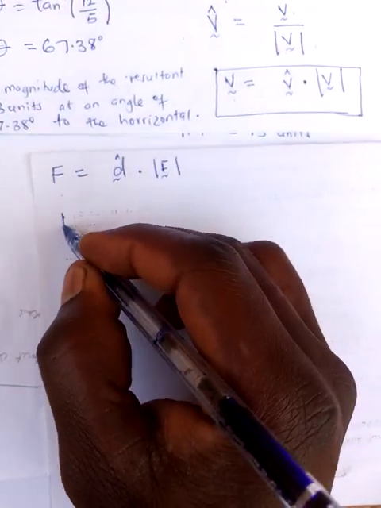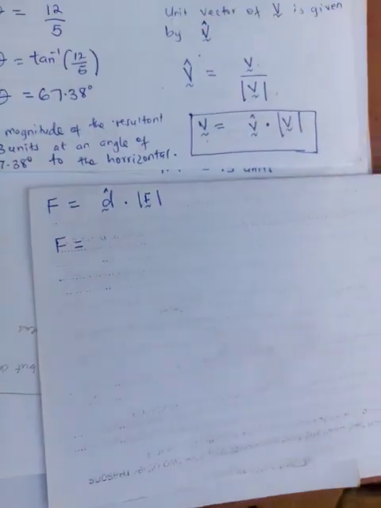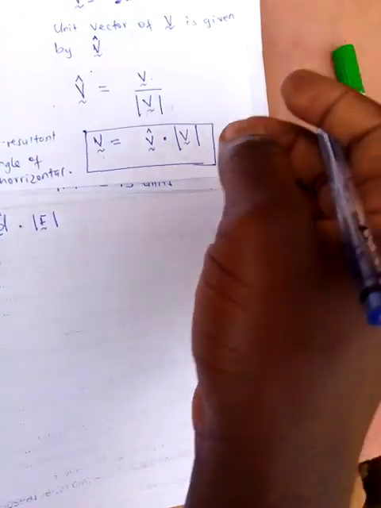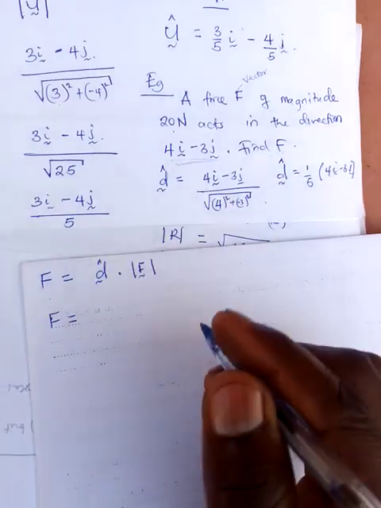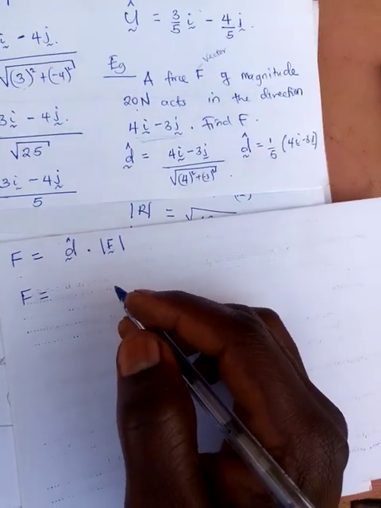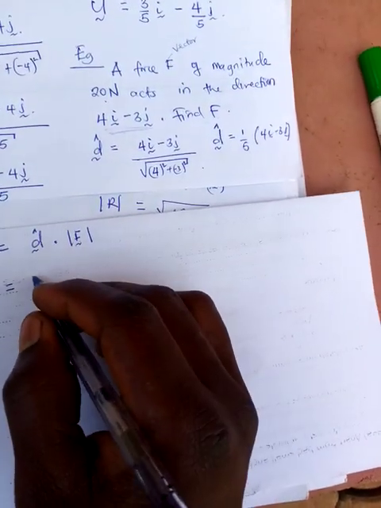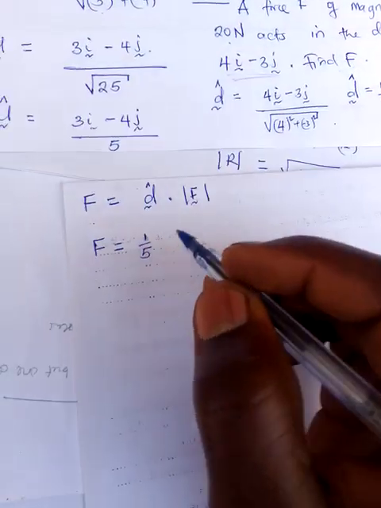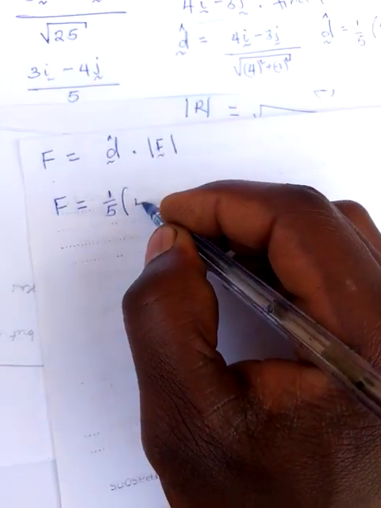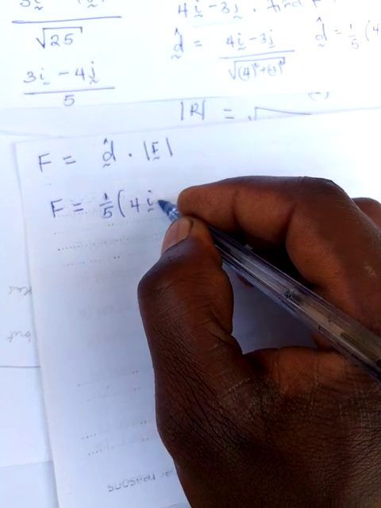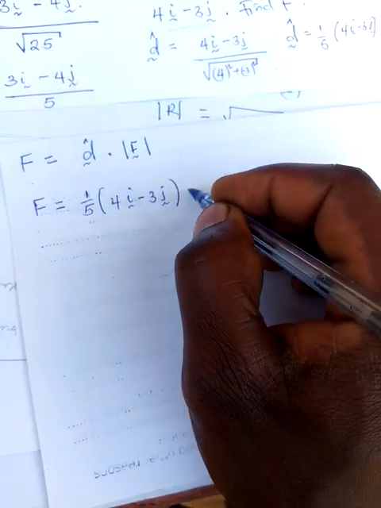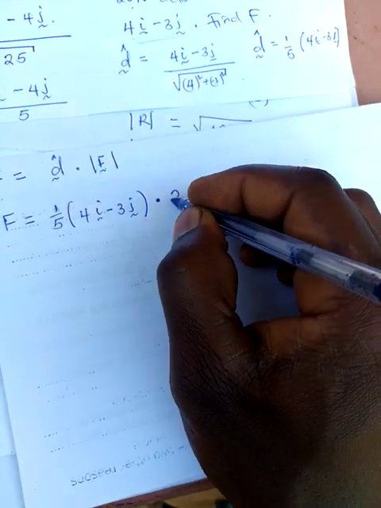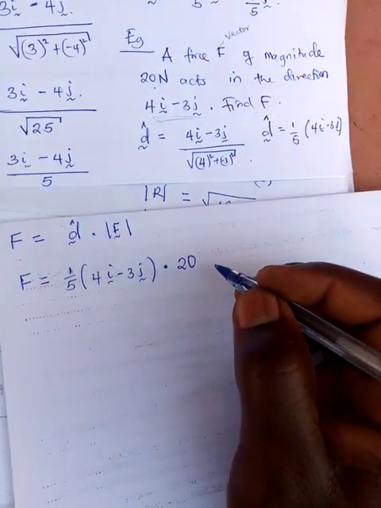So the force will be 1 out of 5 into 4 in i and negative 3 in j times 20 Newton.